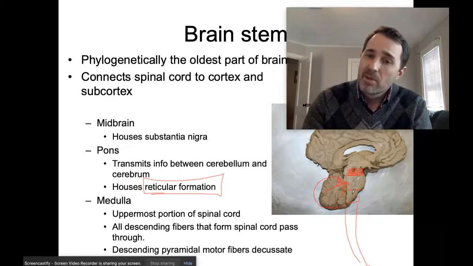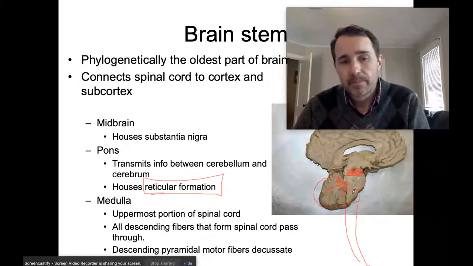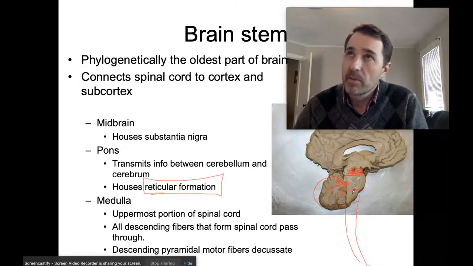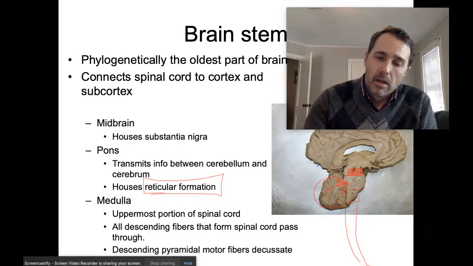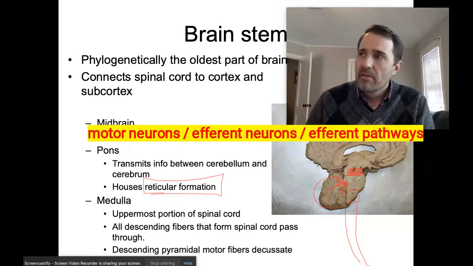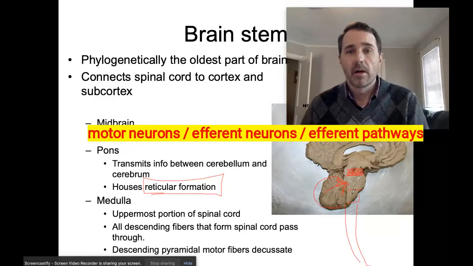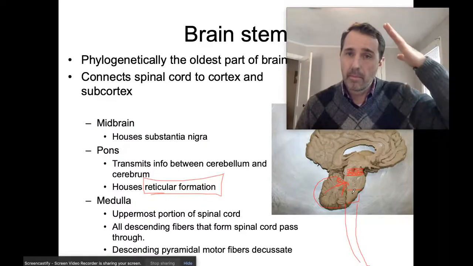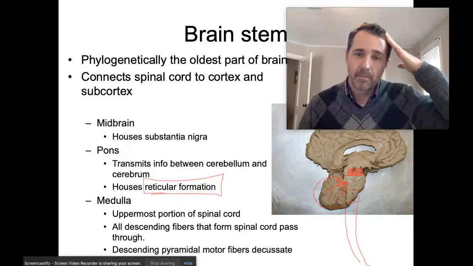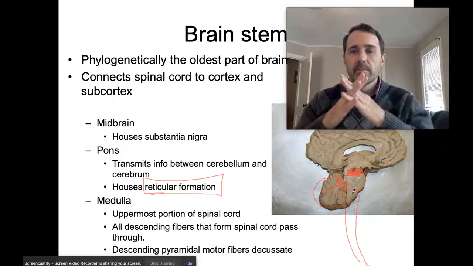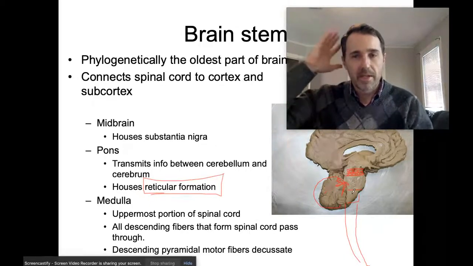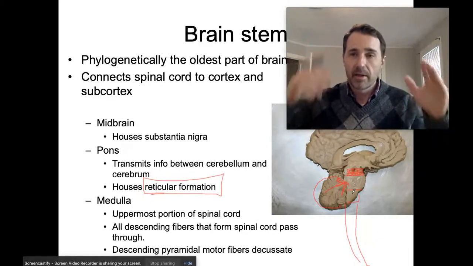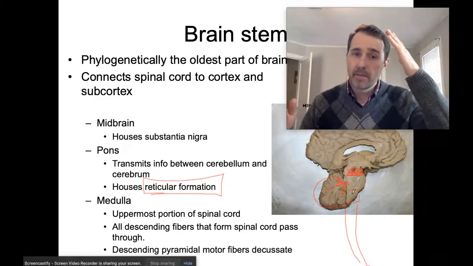The medulla is the most inferior portion of the brainstem. Some people even think of the medulla more as the top part of the spinal cord rather than the bottom part of the brainstem. A lot of motor fibers that are coursing from your brain down to your body cross at the medulla. You probably know that the right side of your brain controls the left side of your body, and the left side of your brain controls the right side of your body.